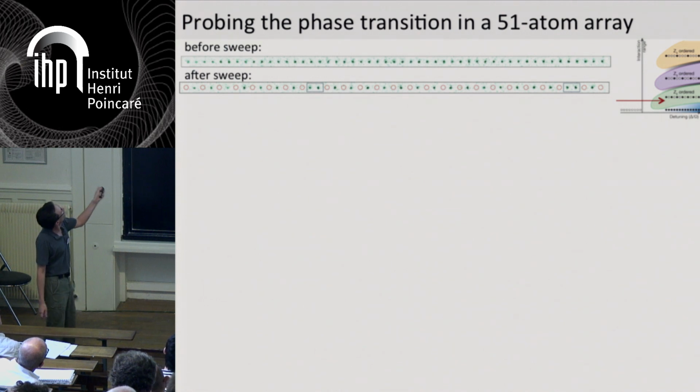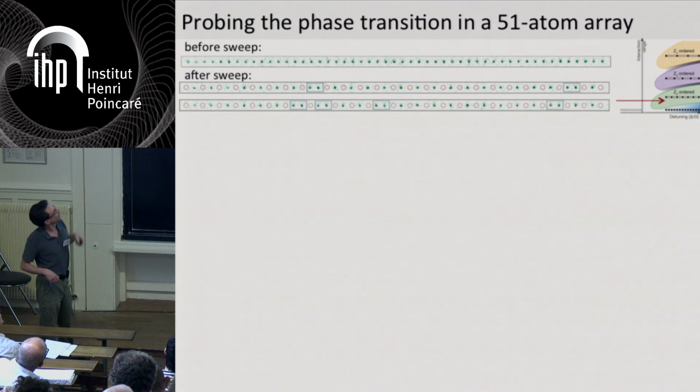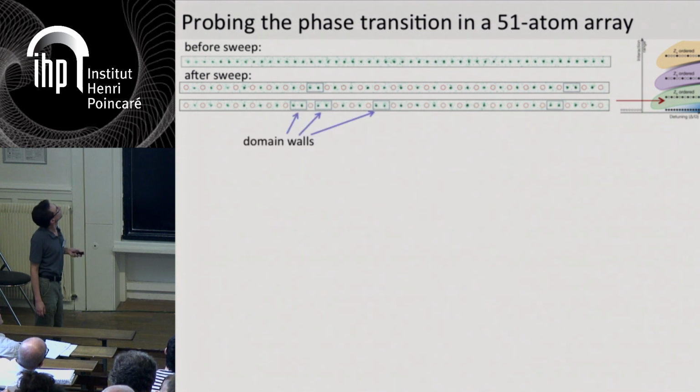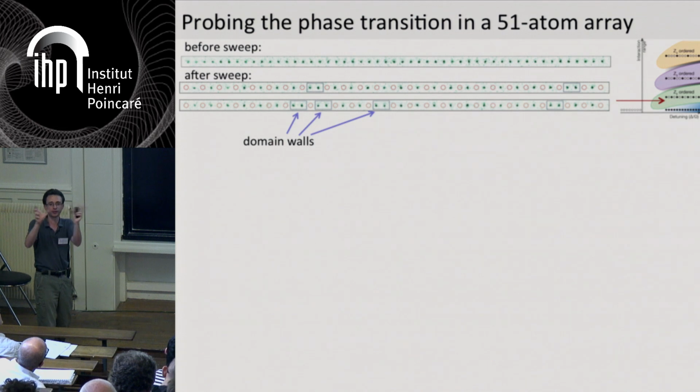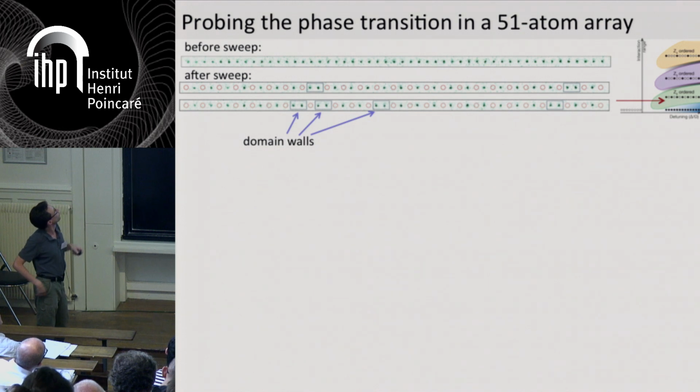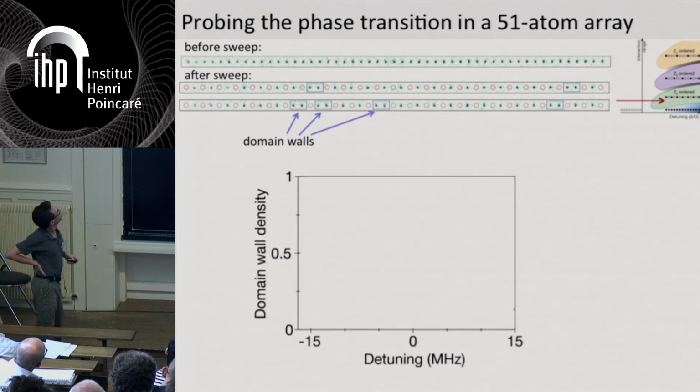but rather some antiferromagnetic chains separated by defects, which are squared in blue here. And of course, a different shot of the experiment will give you a different picture. These defects are called domain walls. In this context, they can be seen as walls separating antiferromagnetic chains of perfectly alternating Rydberg and ground state atoms.